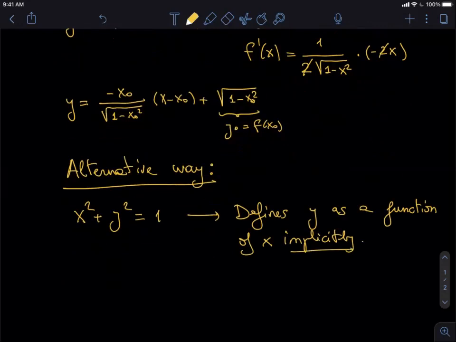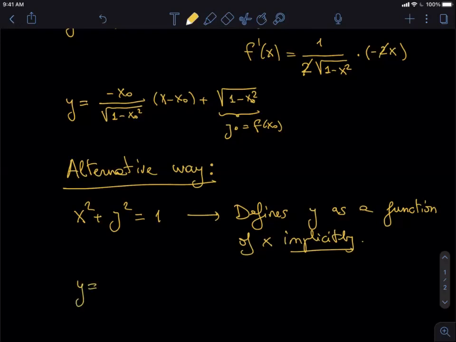Okay, so we write it like this. You give me a value of x, we can plug it in here, I can solve for y. So for every x, we get a y, so that defines a function, but it's defined implicitly because we need to solve for the value of y.